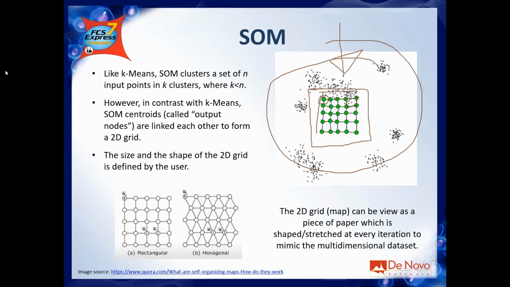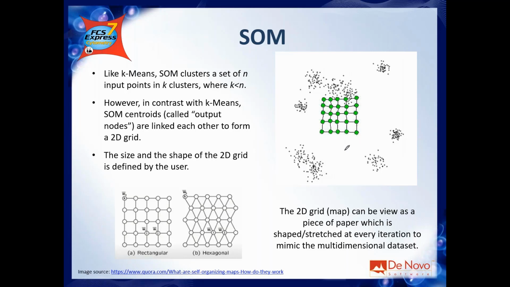In this representation, what you see here is a rectangular grid. Nodes have at most 4 connections. This has just 2, this has just 3, this has 4 connections. So the idea is that you will stretch, you will shape this grid in order to mimic the overall data set.